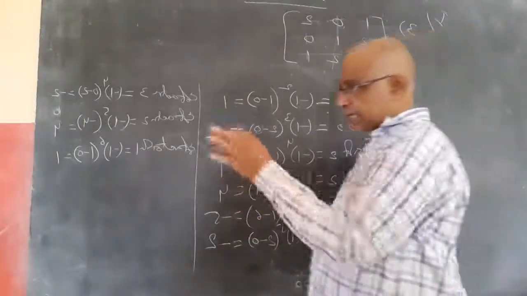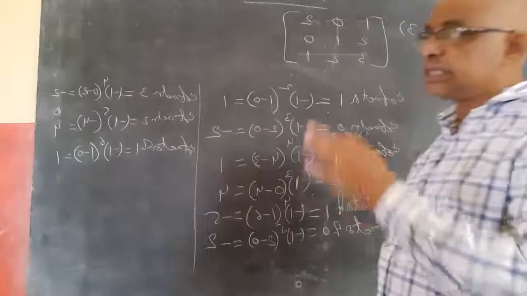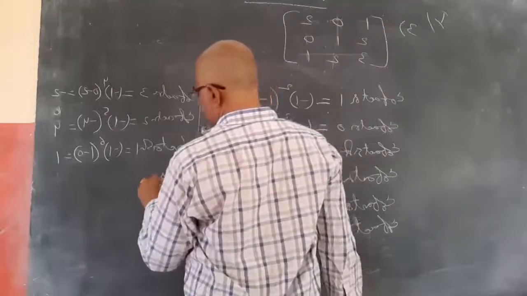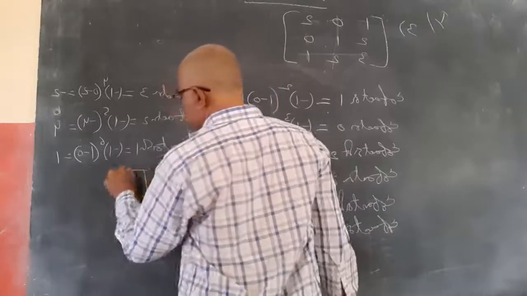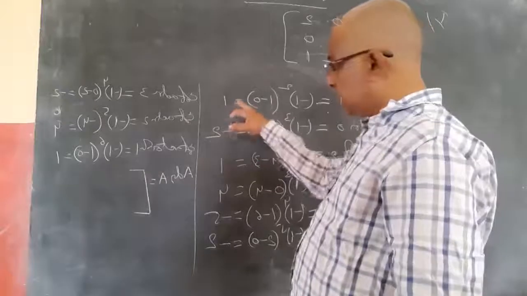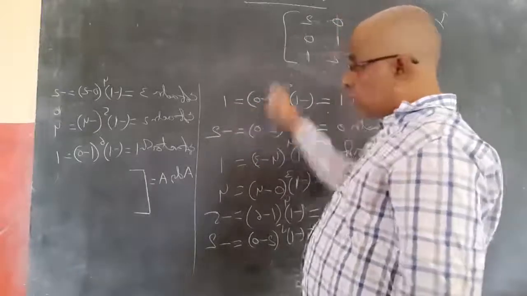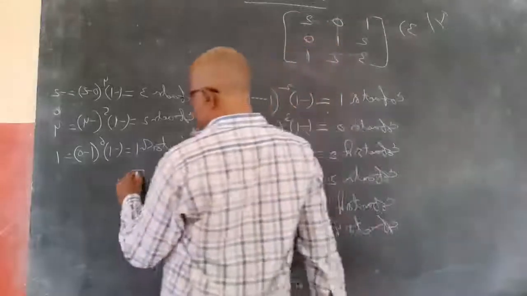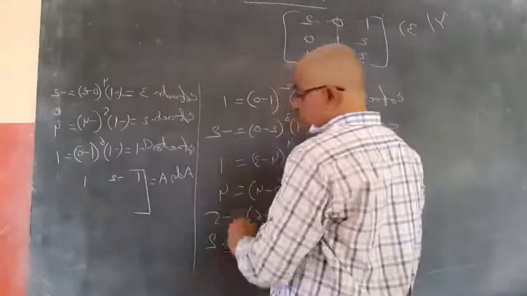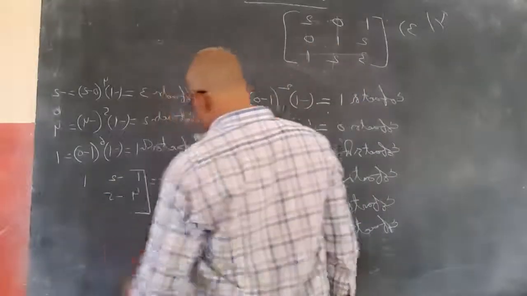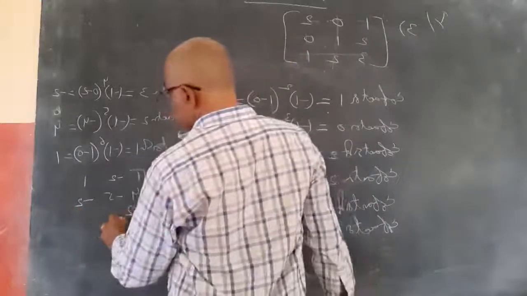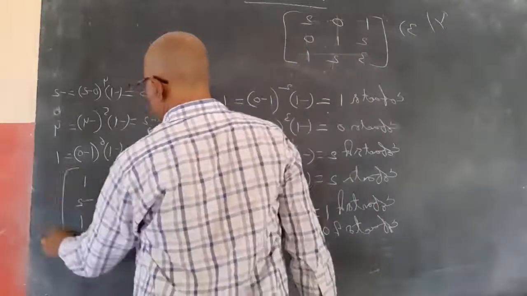Now we need to find adjoint A. Adjoint A equals the transpose of the cofactor matrix. Write down this cofactor matrix, arranging the cofactors row wise: 1, -2, 1; then 4, -5, -2; then -2, 4, 1.